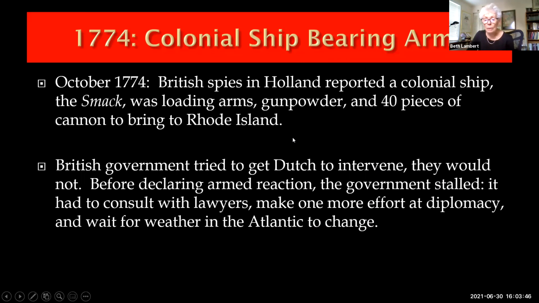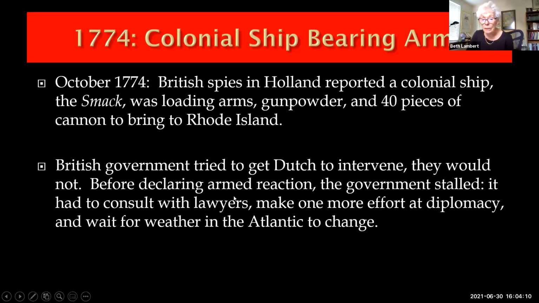So, to continue colonial provocation, again in 1774, British spies in Holland reported a colonial ship, the Smack, loading arms, gunpowder, and cannon to go to Rhode Island. The British government tried to get the Dutch to intervene, and they would not.